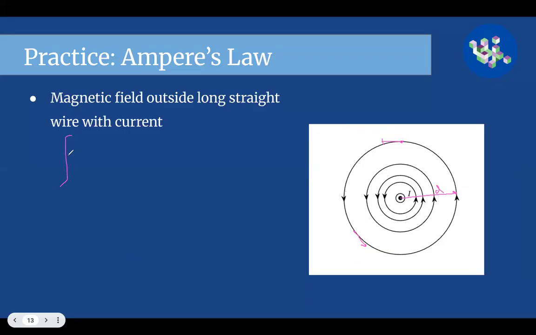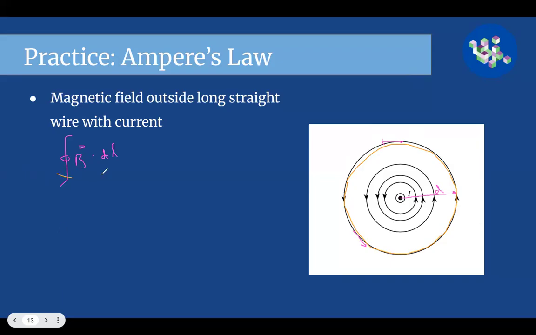So if I use Ampere's law, B dot dl, and I choose my closed loop path to just be this. Shoot, let me redraw my closed loop path. That'll be my path. It's just a circle.